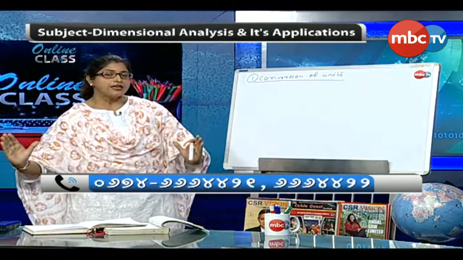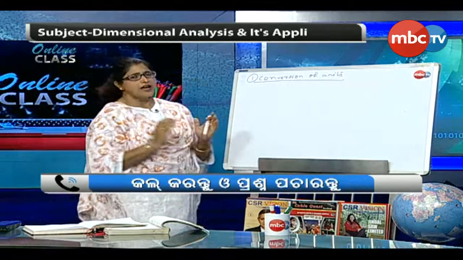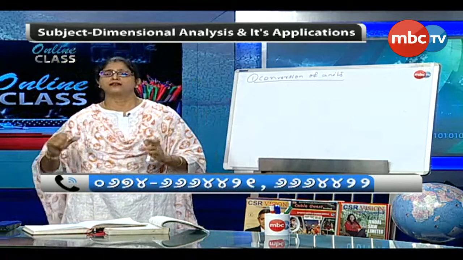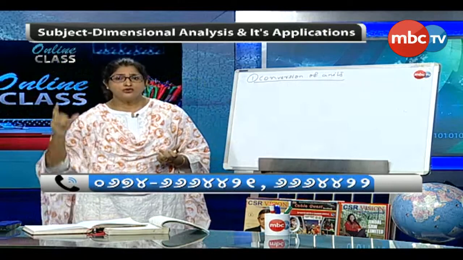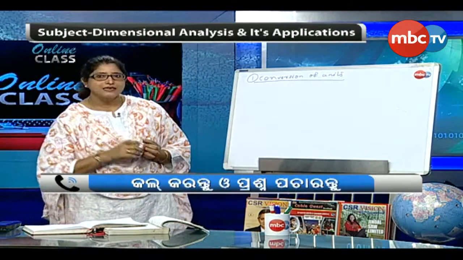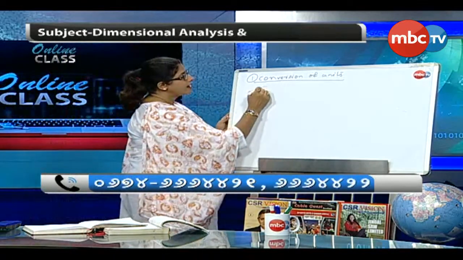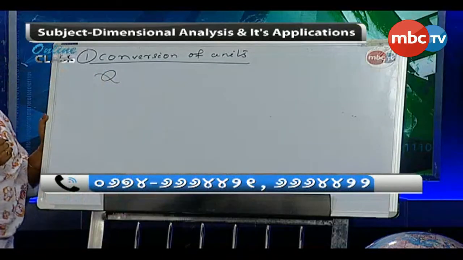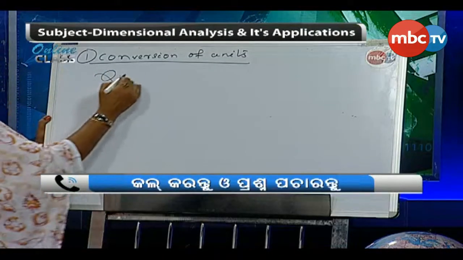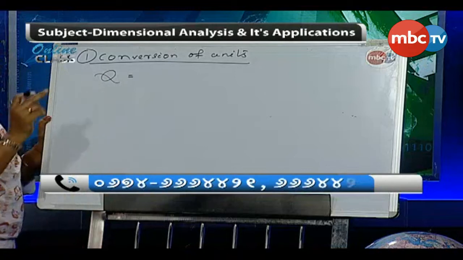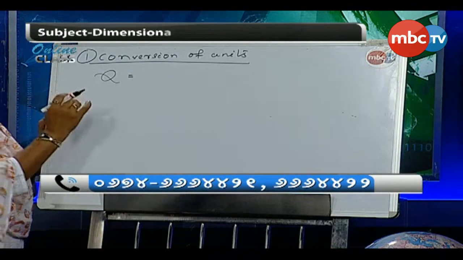So, I gave you the example of length. So many quantities are there. So, to generalize a formula, let us take the physical quantity as Q. Clear? I had explained this yesterday, but as I will solve some numericals on this, let us revise it.